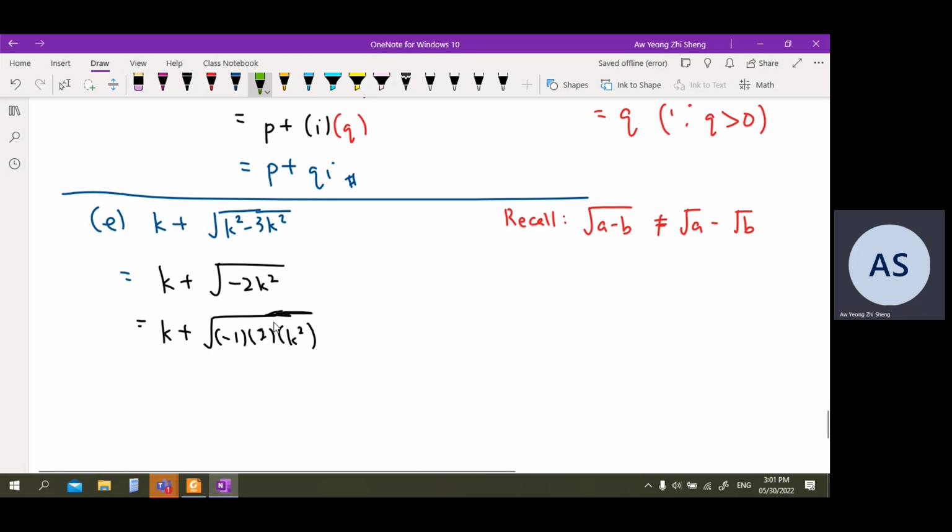Now, it's actually safe to distribute this square root over the product, because if you treat this as -1 times 2k squared, the 2k squared is positive and -1 is negative. Because not both are negative, we can safely distribute it.